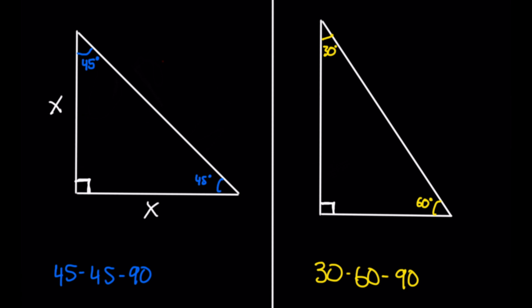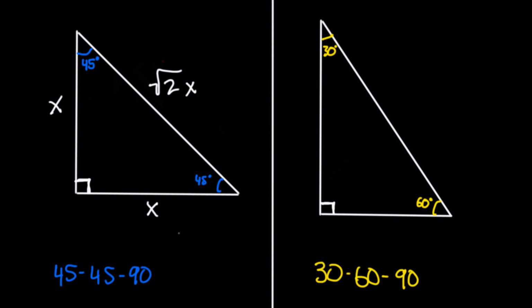So I labeled those two x, because if we know what one of the legs is, then we can find out what the hypotenuse is, which is this. The hypotenuse is always the diagonal, the line that's opposite from the right angle. From one leg, it would be the square root of 2 times x, that's the formula.